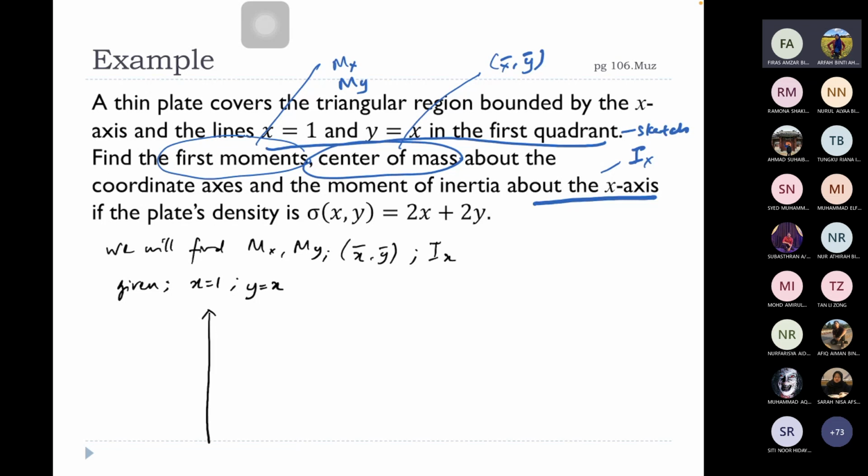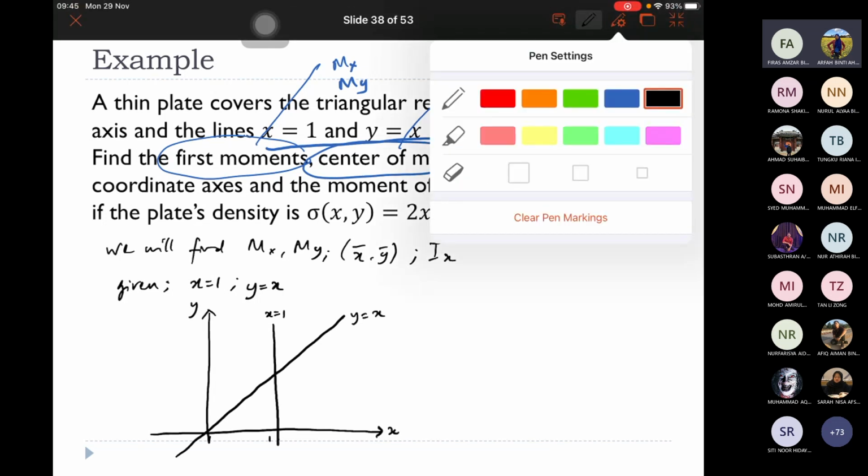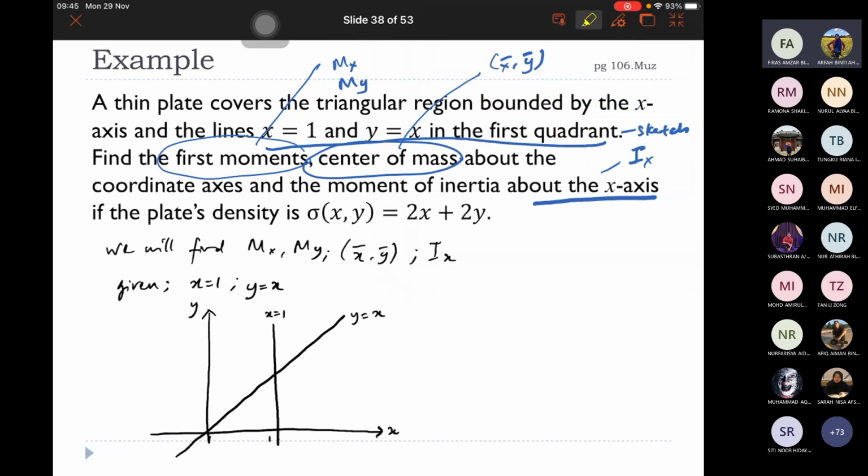So, kalau awak lukis, kita akan ada this one, x and y. And then ada satu garisan, x sama dengan 1. Dan satu garisan y sama dengan x. Okay. So, the shaded region will be the one bounded by these three lines located in the first quadrant.